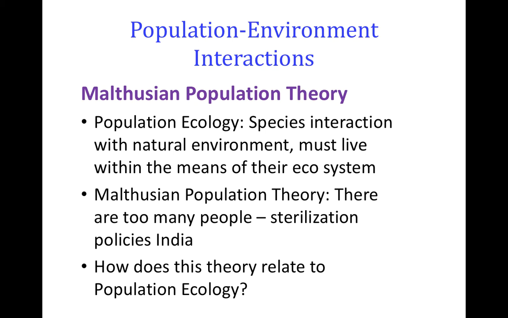There were too many children in the world, and we needed to stop having those children. And once again, it was this idea that poor people have too many children. Those children take up too much of social resources, et cetera, et cetera. And so he really focused his anti-population theory on the poorest people in the world.